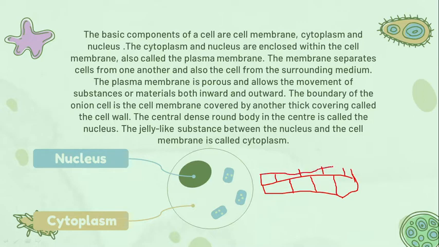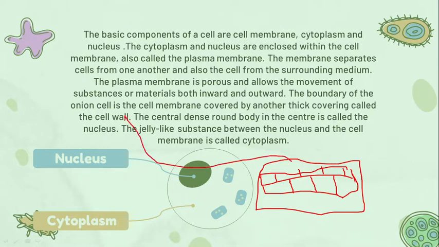This is the cell membrane, and it is again covered by another layer, which is the cell wall. The central dense round body in the center is called the nucleus. Here we can see the nucleus. Actually, this nucleus should be in the center.